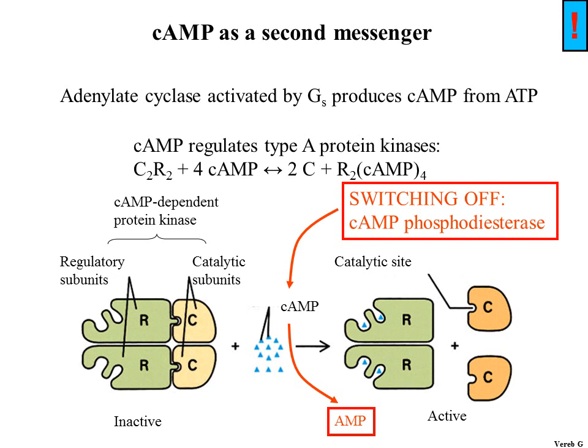So now we will examine what the cyclic AMP created by adenylate cyclase does. Cyclic AMP is a regulatory molecule that activates protein kinase type A. Protein kinases, as you recall, are enzymes that take ATP and cleave phosphate off and put them on various amino acid residues of these proteins.